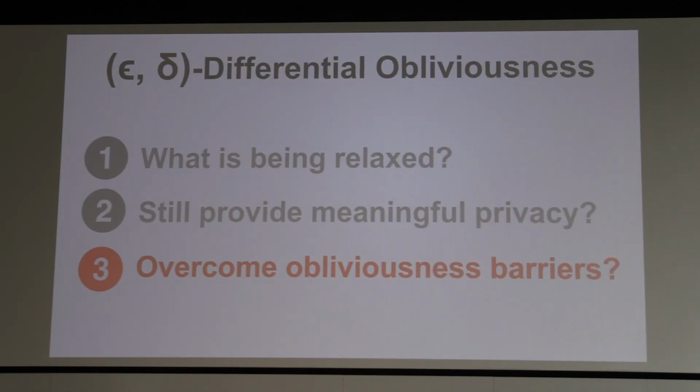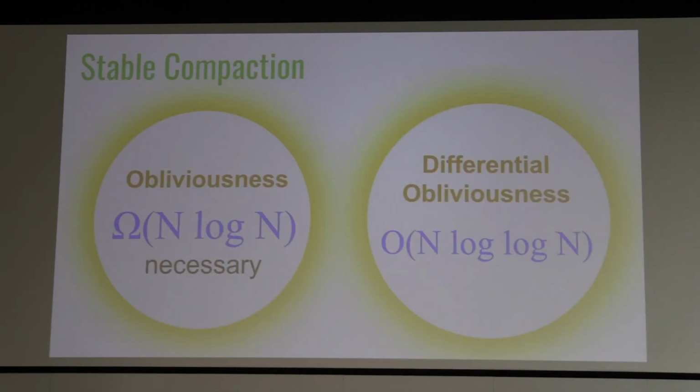Okay. Now the more exciting technical question: with this relaxation, can we overcome oblivious barriers? Excitingly, I'm going to give you an answer in the affirmative. I'm going to use a very simple algorithmic task called stable compaction, which in a moment I will explain.